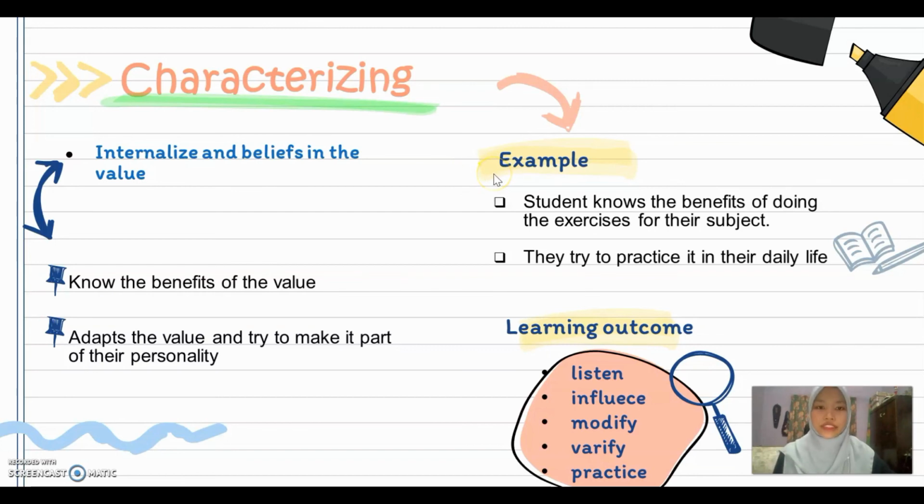For example, after finishing the debate session about exercises, the students know the benefit of doing exercises for the subjects that they learn in school, so they will try to practice it in their daily life. Maybe they will do 10 questions for one subject per day. The learning outcomes in this stage are listen, influence, modify, verify, and practice.